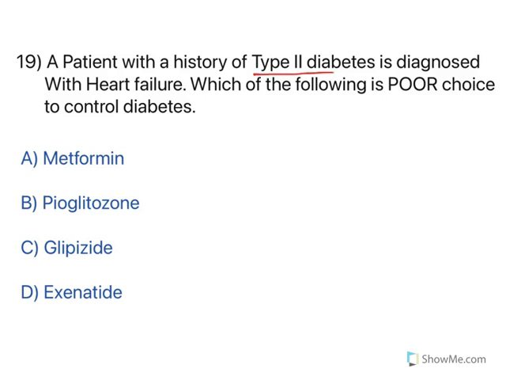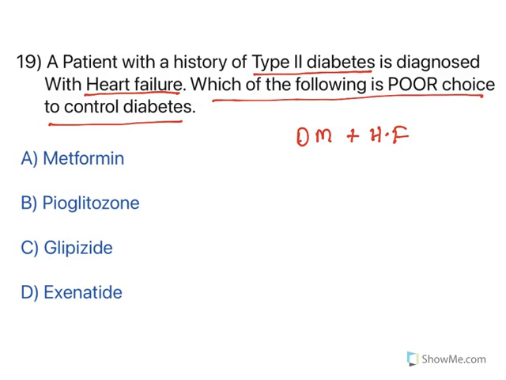A patient with a history of type 2 diabetes is diagnosed with heart failure. So there are two existing conditions, diabetes mellitus plus heart failure. Now, which of the following is a poor choice to control diabetes? Understand this. You need to find out a drug out of these four which will adversely affect heart function. So, the option is pioglitazone. The reason is pioglitazone causes water retention. What happens when water is retained?